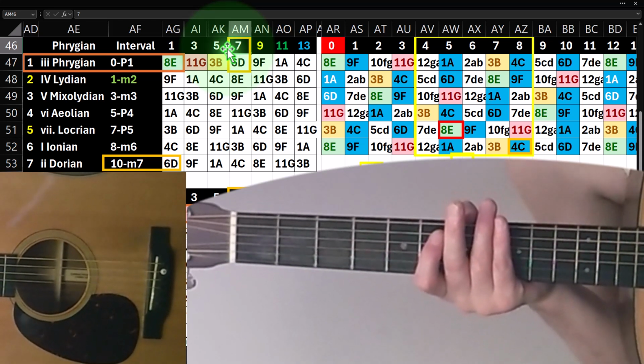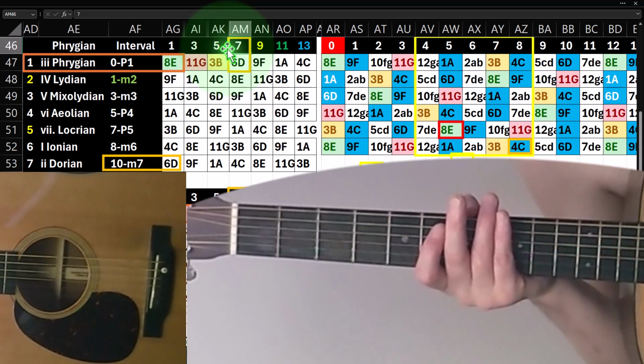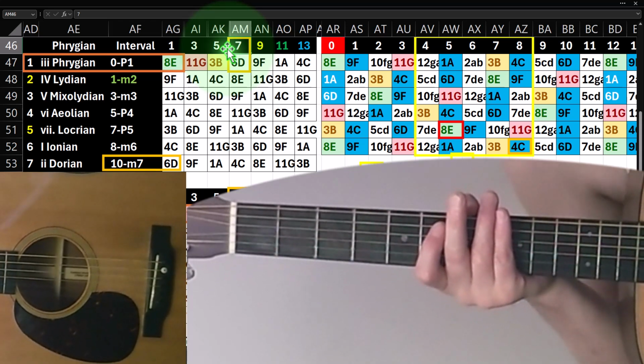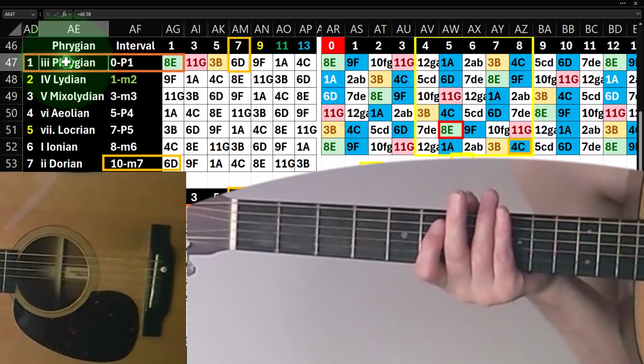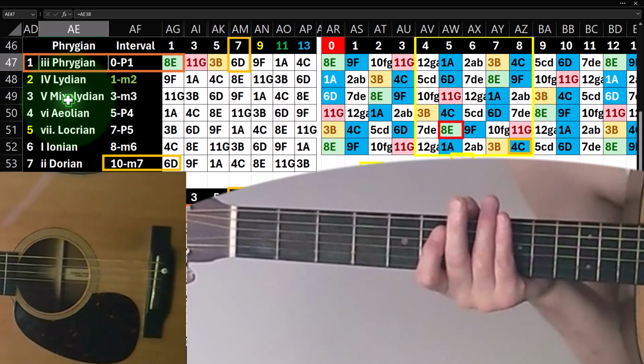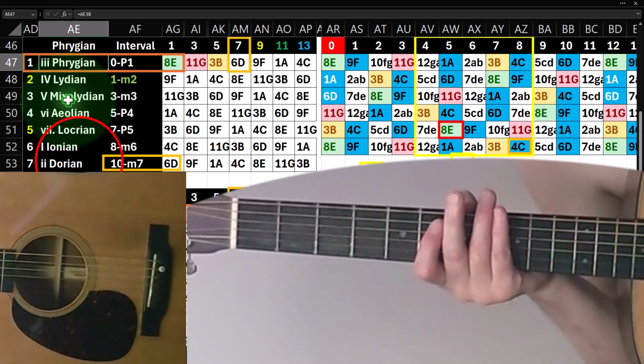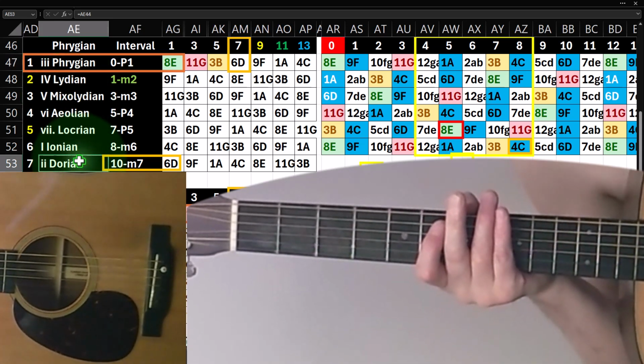All the minors, by the way, have the same minor 7, so there is no major 7 in a minor mode. In other words, whether we're playing the Phrygian, the Aeolian, or the Dorian, they all have a minor 7.